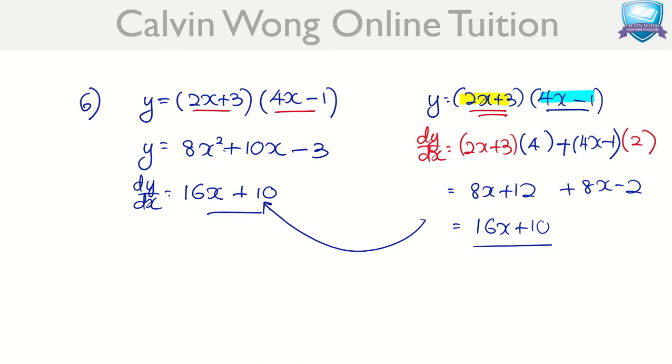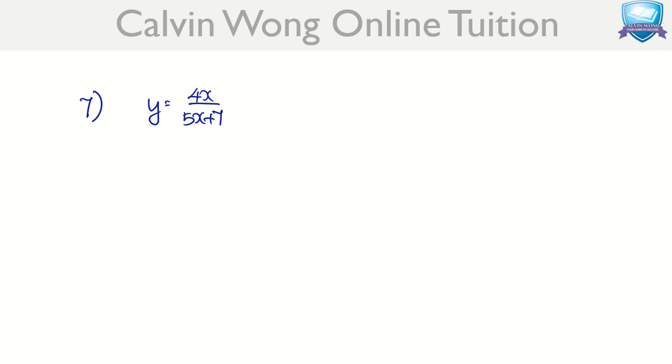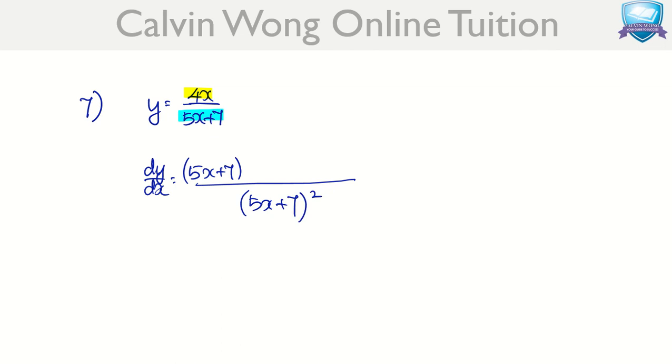Okay, let's look at the next question, number 7. This one, y equals 4x over something, is a quotient. So you have to use another formula. Let's call this top and bottom. When we do dy/dx, we copy the bottom and the bottom again squared. All right, let's start.